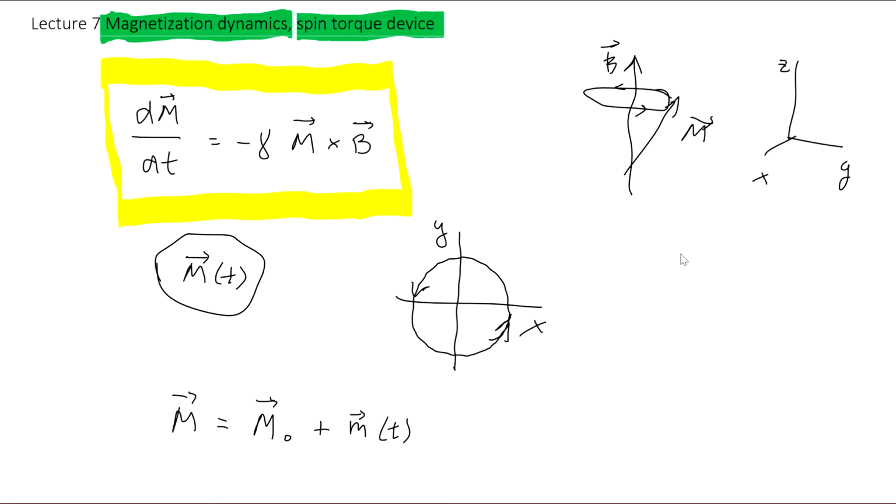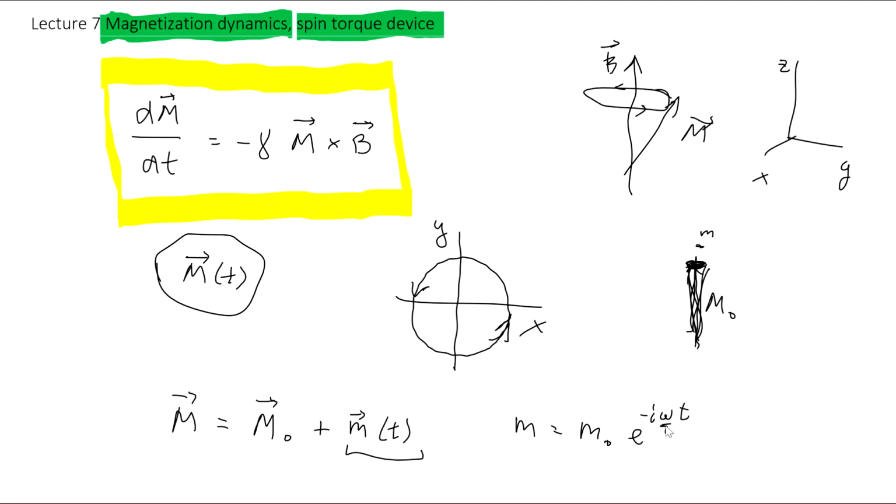So basically, it stays always up, but it wiggles a little bit. Not left and right, but it basically precesses. But this precession, so m naught is this length, and small m is that. So it is a small additive. Then this small m can be represented as an oscillation, so it's some m naught e^{i omega t}.